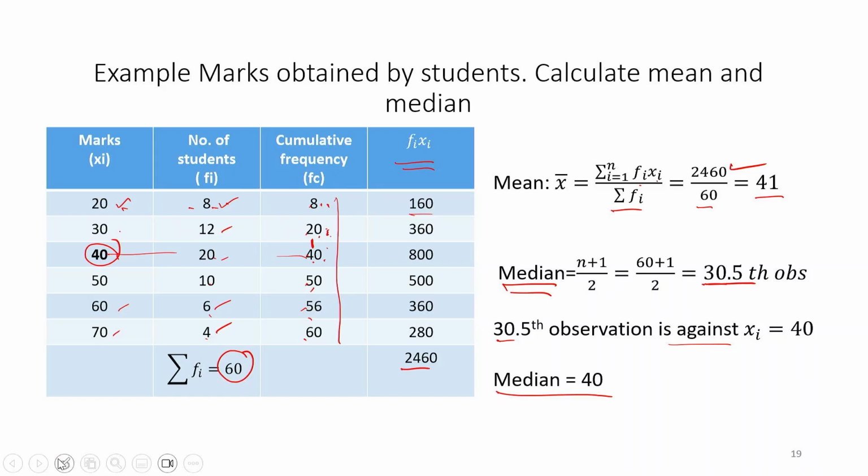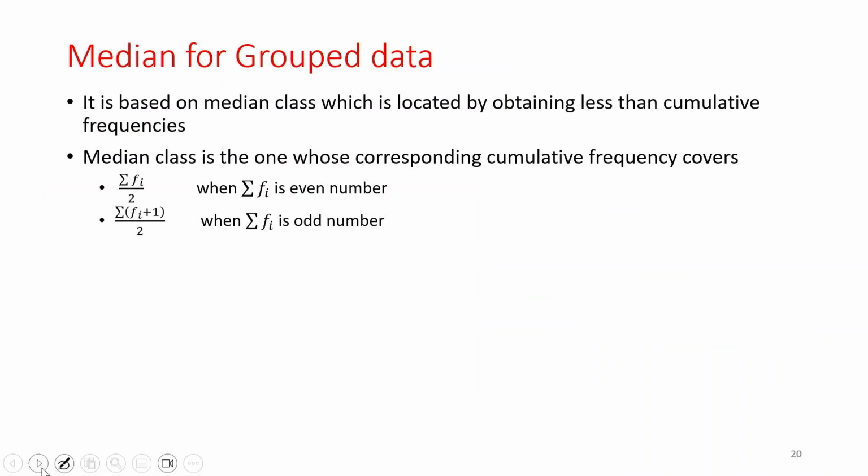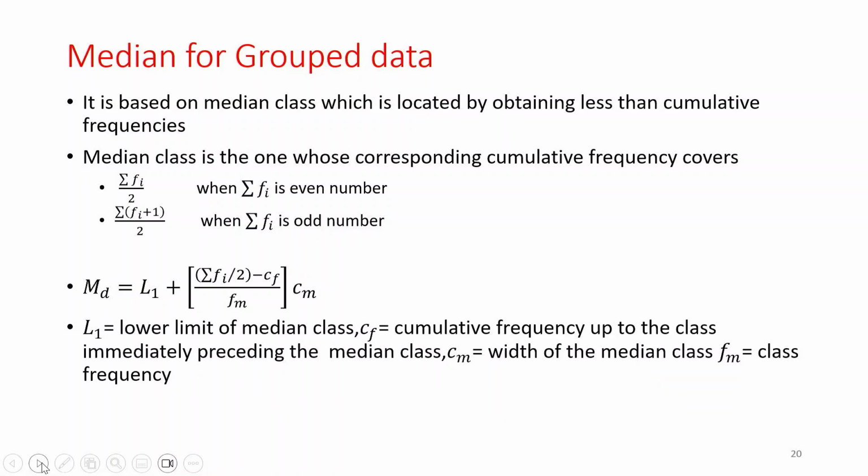We will take another example where we have grouped data. Because the data is grouped, it is a little more complex, as the data is grouped and we also have frequency.